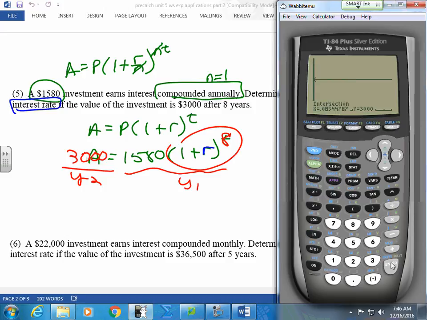Get this interest rate. Look where your graph is. Your graph is sitting right here on this axis. Because Ashley said, if I can get back to my window, Ashley said X should be maximum of 1. That's your rate. Isn't your rate a decimal? Even 1, that's 100%, right?